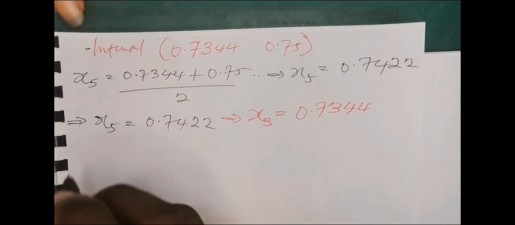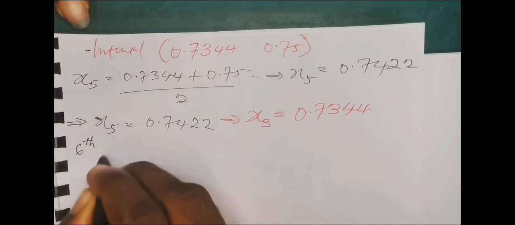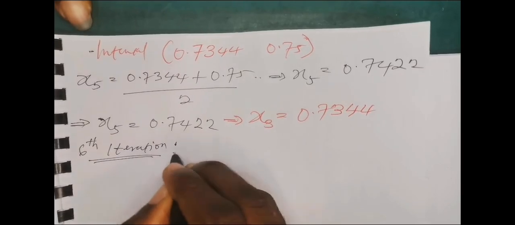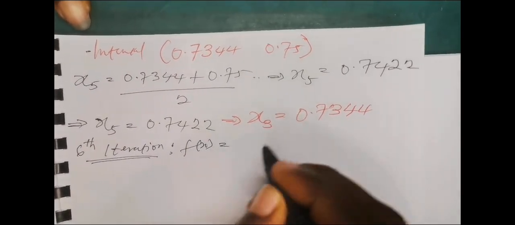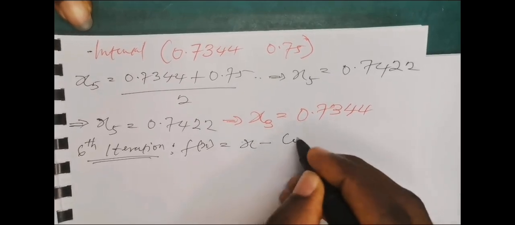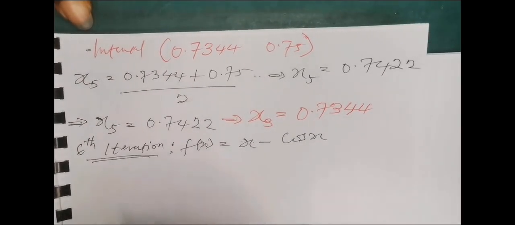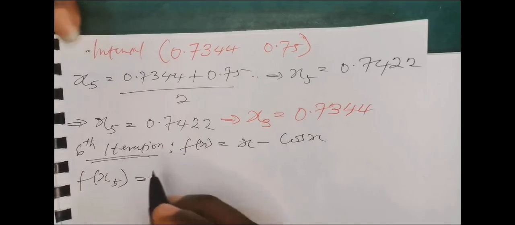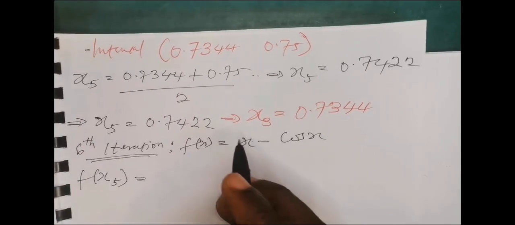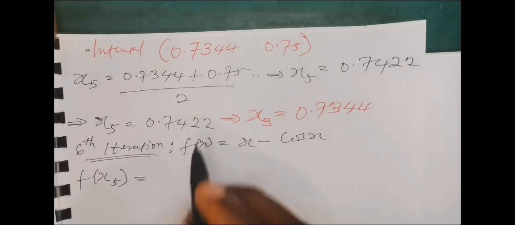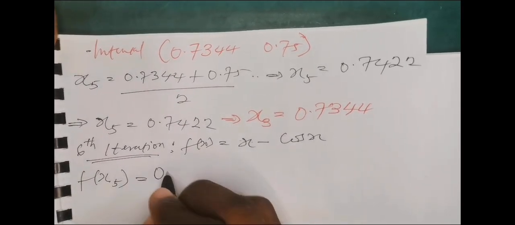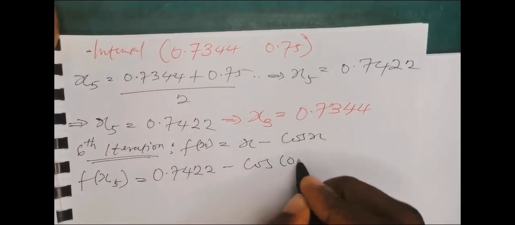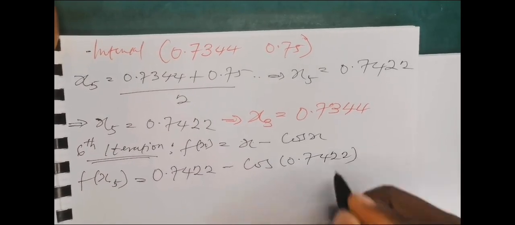Now we can carry out the sixth iteration. Not forgetting, f of s is equal to s minus cos s. So in place of s, we plug in s5, which is 0.7422. So f of s5 is 0.7422 minus cos 0.7422.